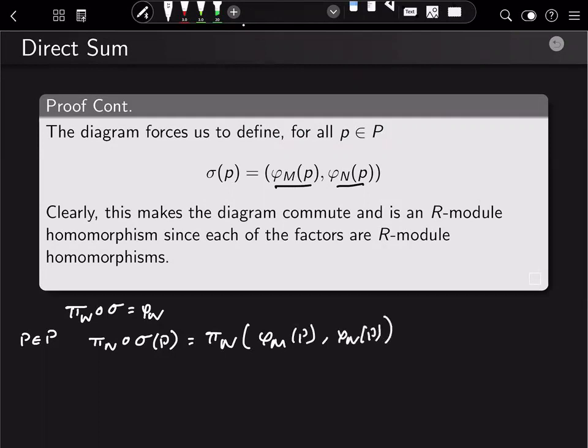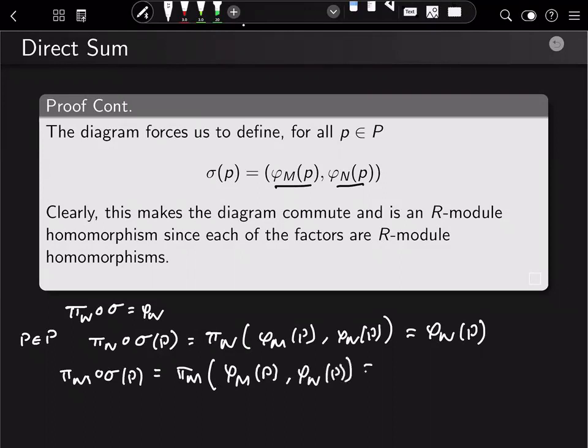Now, pi sub n is the projection onto the second factor, right? So we project into n, and this will just be phi sub n of p. So this definitely holds. Simultaneously, pi sub m composed with sigma applied to p is pi sub m of phi sub m of p, phi sub n of p.